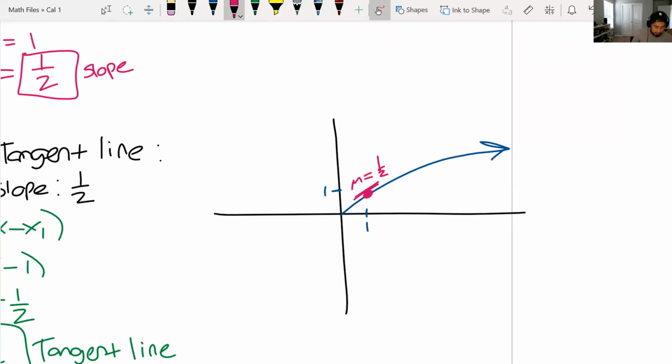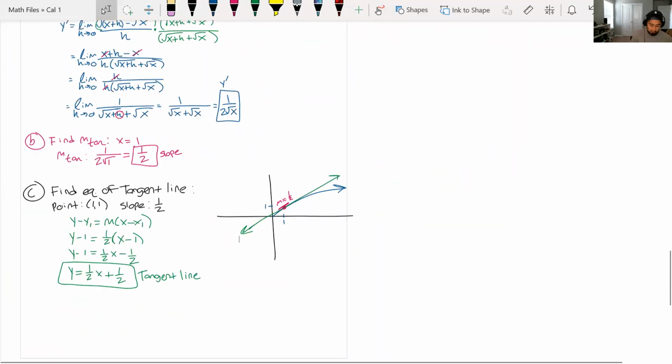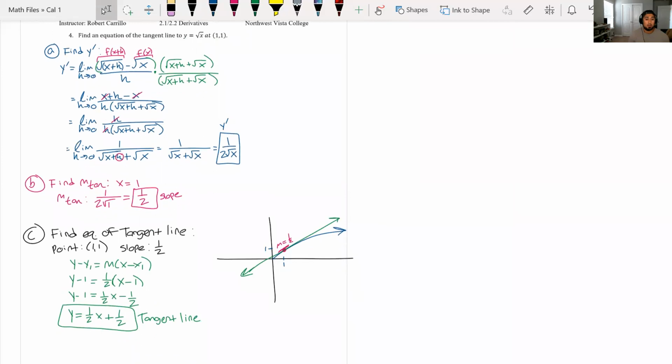And our tangent line, which is 1/2 x plus 1/2, would go through our point and take off. And that's it, guys.